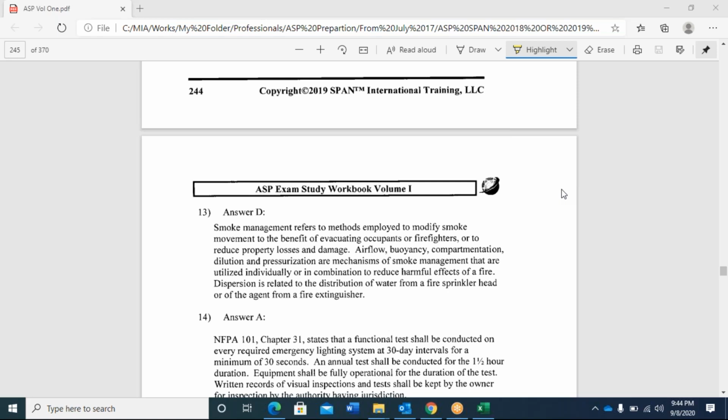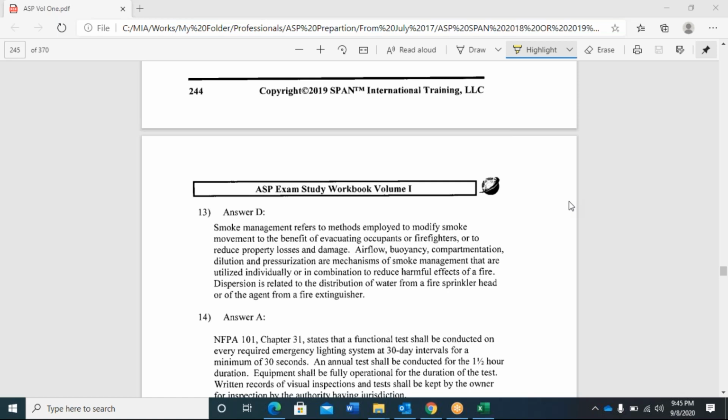Compartmentation means we need to create different types of compartments inside the building. Suppose in one compartment there is a fire, the other compartment should not be affected by that smoke. There are some automatically closing doors, I forgot the specific names, and some doors and windows that separate that compartment entirely from others.